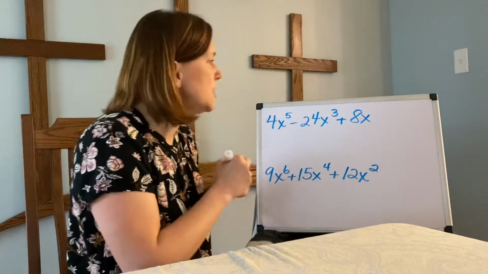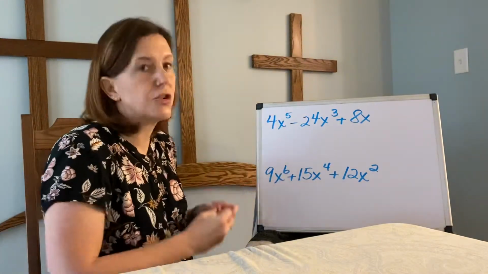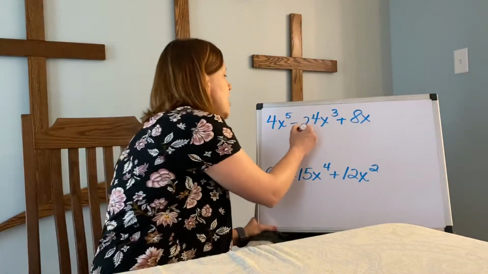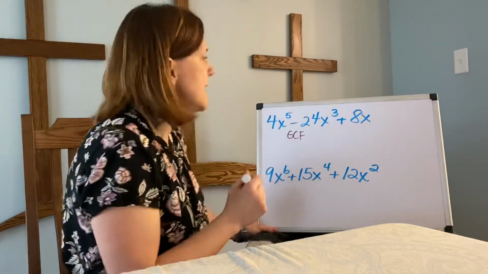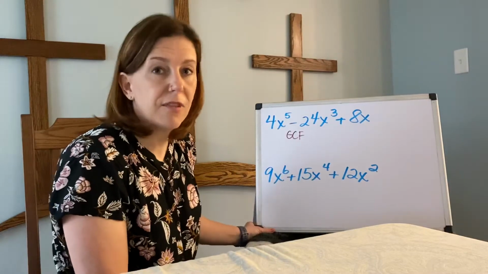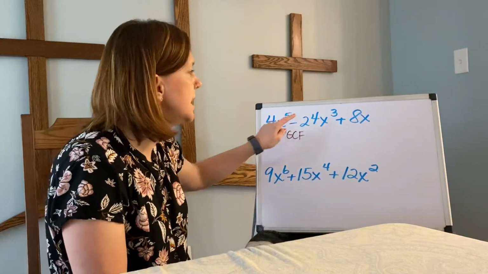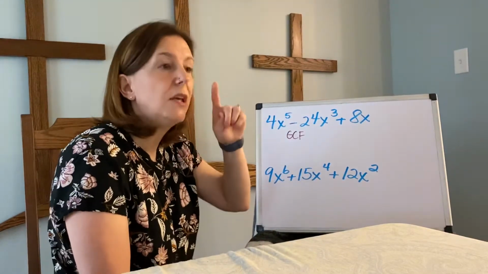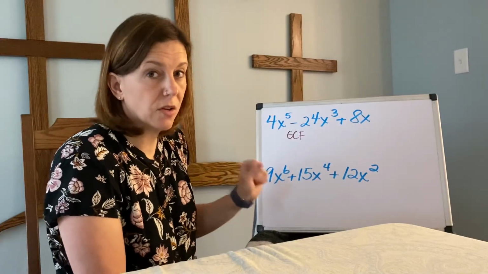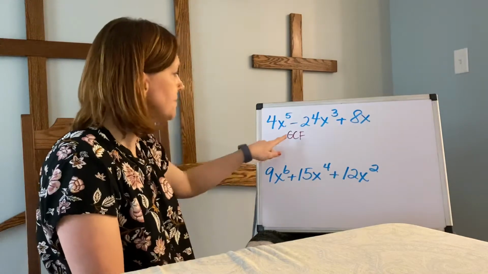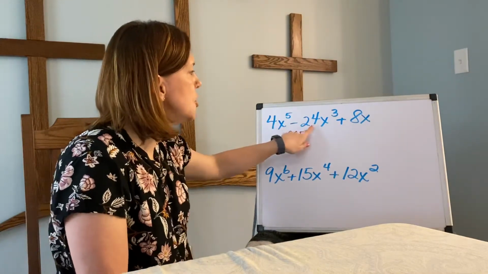So the first thing that I want to do, if I want to write the factored form, I will figure out what the greatest common factor is. And in this case, looking at my numbers, again, if you are not able to look at the numbers and just think through it mentally, you need to be working through the prime factorization to get this final answer as your greatest common factor. If I look at this, I have 4, 24, and 8.